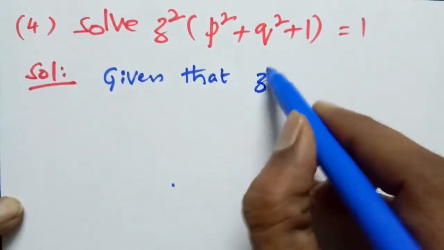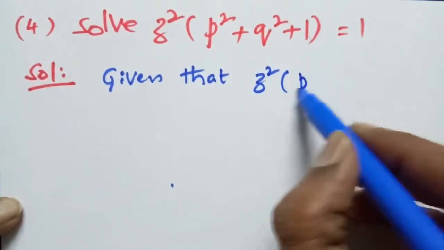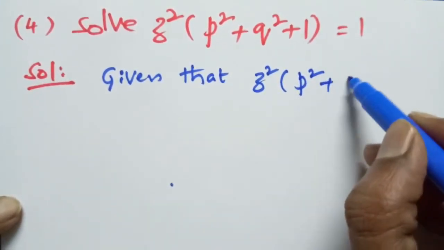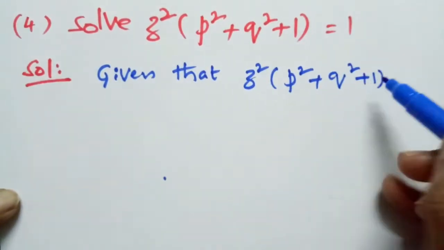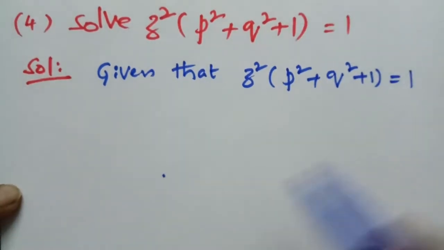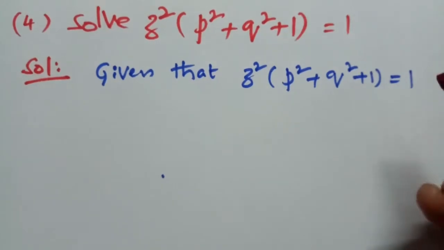Given that z square into p square plus q square plus 1 is equal to 1. Say this is equation number 1.